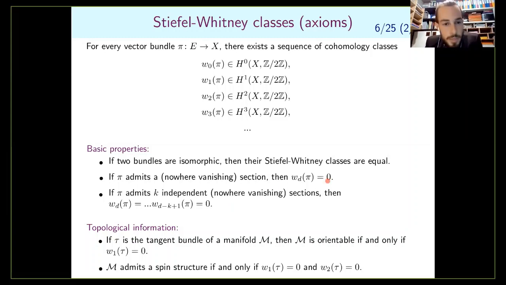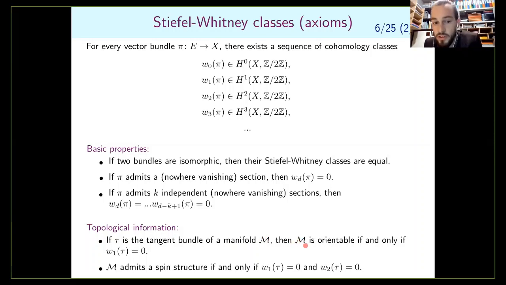Right. And of course, they contain some topological information about your base topological space. For instance, if the bundle I consider is a tangent bundle, I can read the orientability of my manifold in the first Stiefel-Whitney class of the tangent bundle.